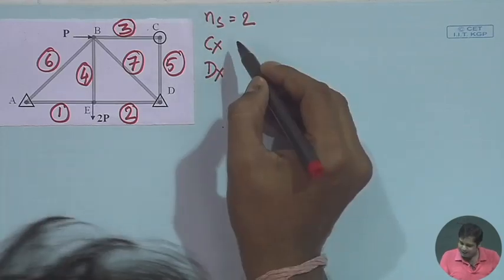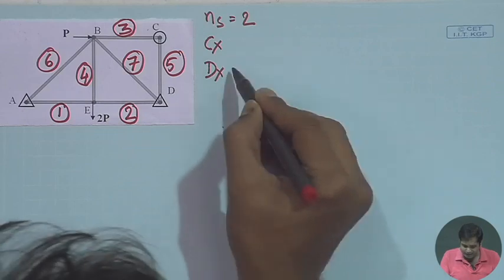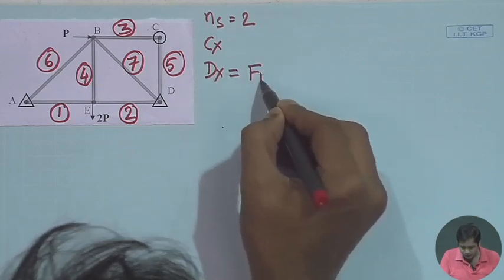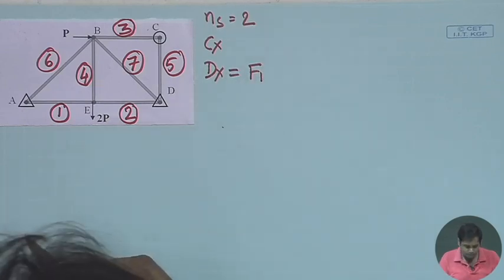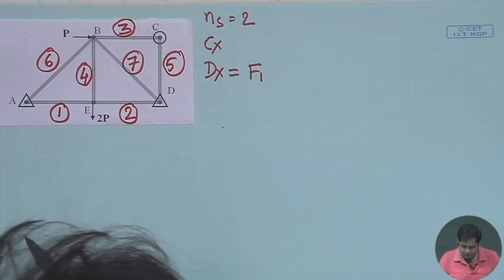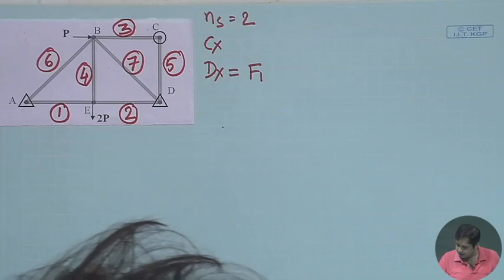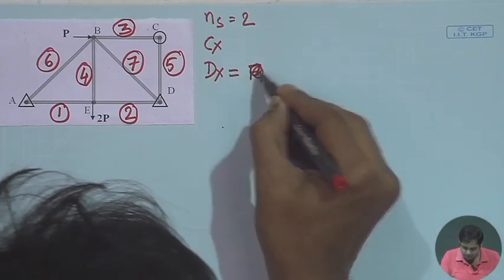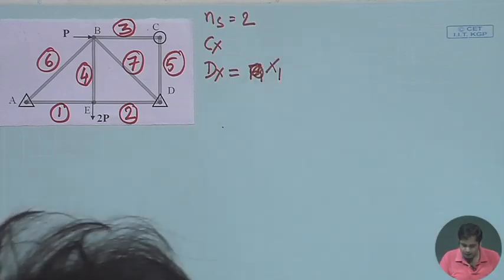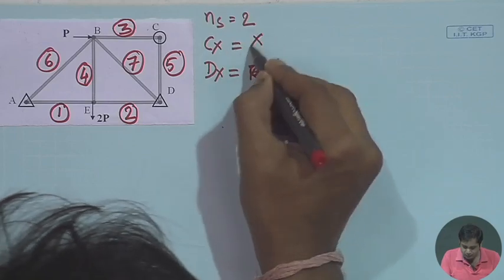So, let us say Dx is equal to F1, no, F we have already used for something else. So, let us take Dx is equal to X1 and Cx is equal to X2.